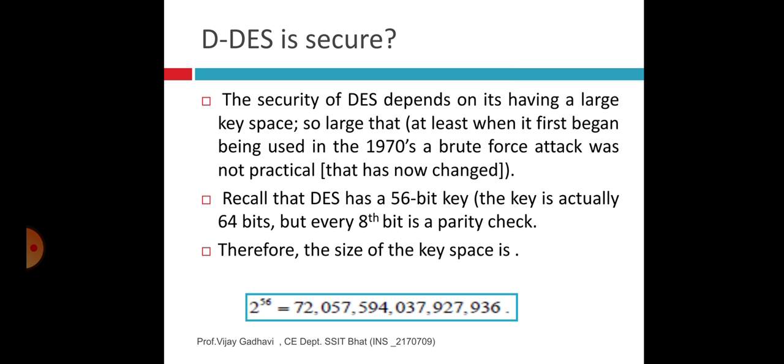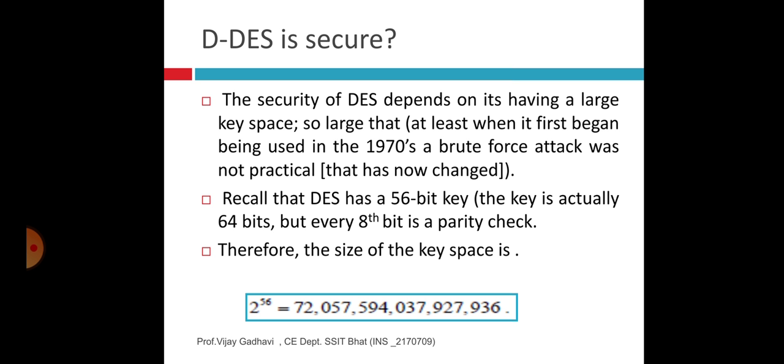Recall that DES has a 56-bit key. The key is actually 64-bit, but every 8th bit is a parity check.